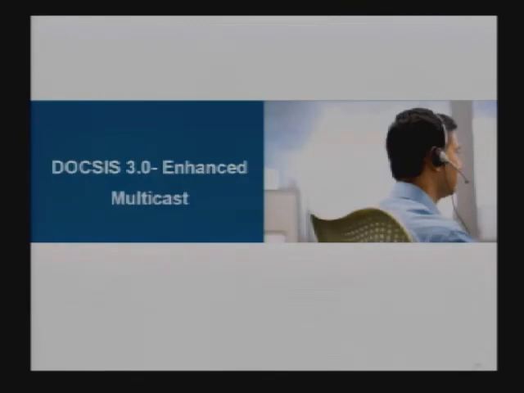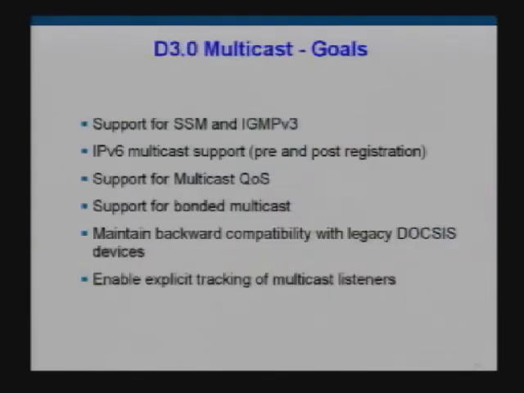Let's take a look at some of the enhancements done in DOCSIS multicast. These were some of the works behind enhancing DOCSIS 3.0 multicast. DOCSIS 3.0 has introduced support for source-specific multicast, or SSM, and IGMPv3, which were not available with DOCSIS 2.0.